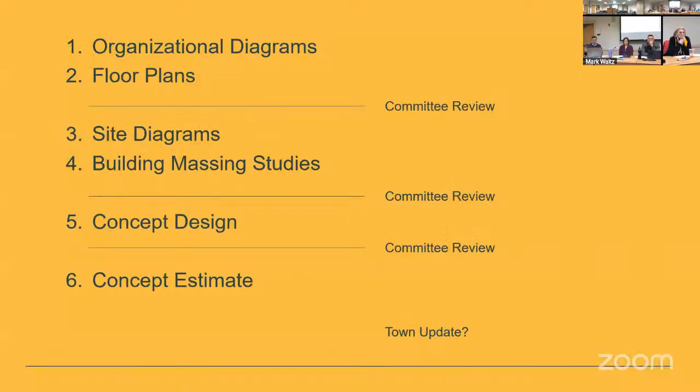Like I said, the next step is to have you folks take a look at this and provide some feedback and thoughts. We're going to work on some of the site information on the next one and start to look at building massing, what the volume and the shape of the building might look like as well. So that's what's coming forward.